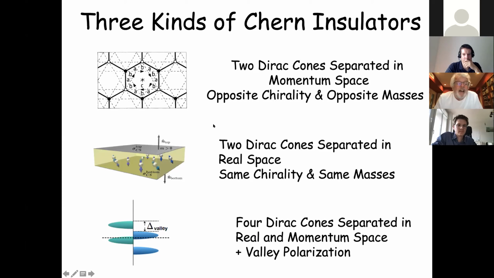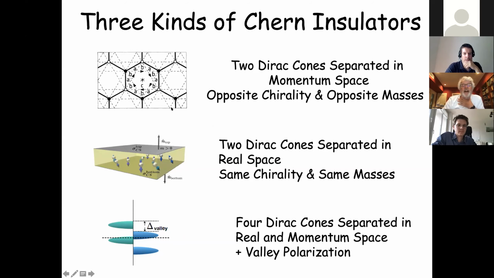The quantum anomalous Hall effect has now been observed experimentally in 2 different types of systems. One is magnetically doped topological insulators, which like graphene have Dirac cones, but the Dirac cones here are localized in real space on the top and bottom of a magnetized topological insulator.